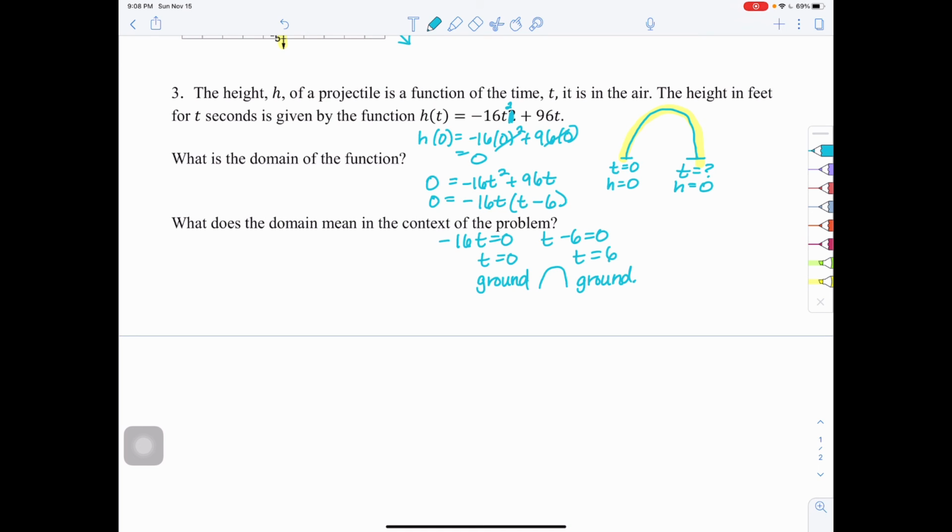Okay? So what is the domain of the function? Well, the domain is going to be the time, which is 0 to 6. What does this mean?